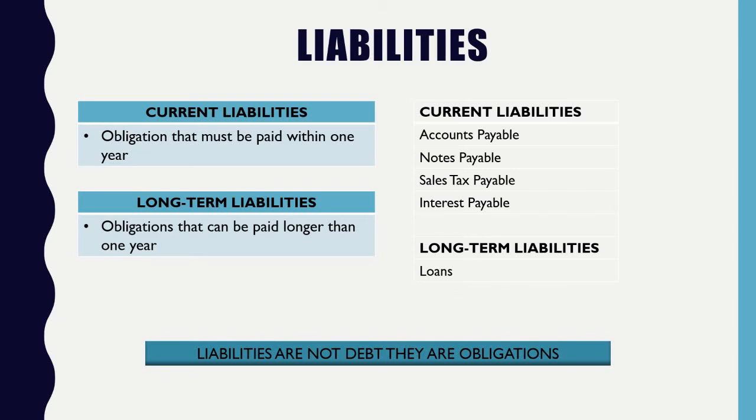And then, of course, long-term liabilities, straightforward. Any typical loan is going to be one because loans can be anywhere from 1 to 30 years, right? A typical home loan nowadays could be anywhere from 25 to 36 years. Same thing here.